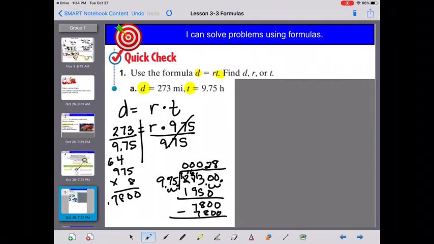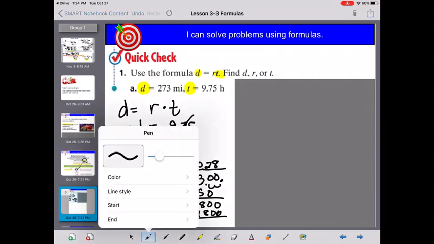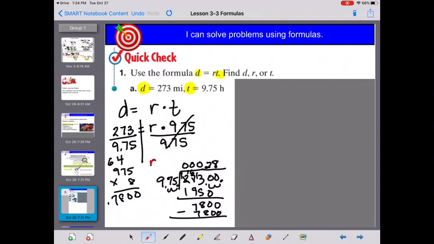Perfect. So 28. And now what's the answer? That's my rate. So my R value is 28. And in this case, miles per hour, because I took miles and divided it by hours, miles per hour.